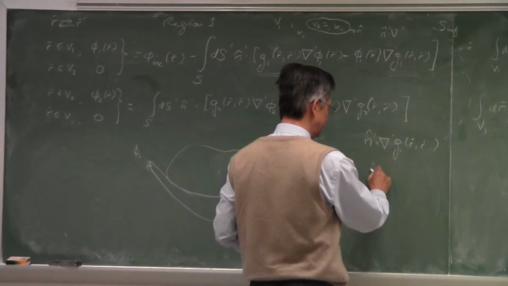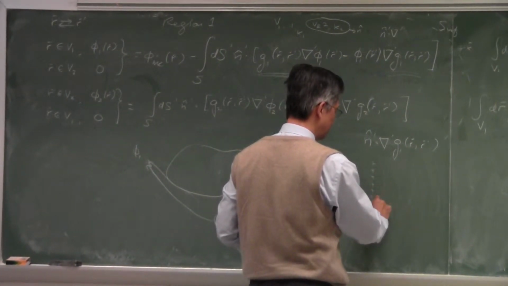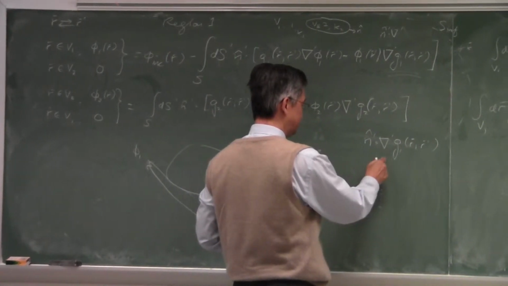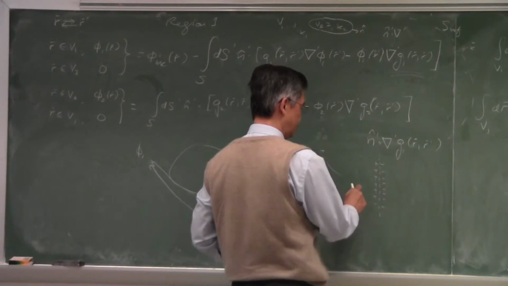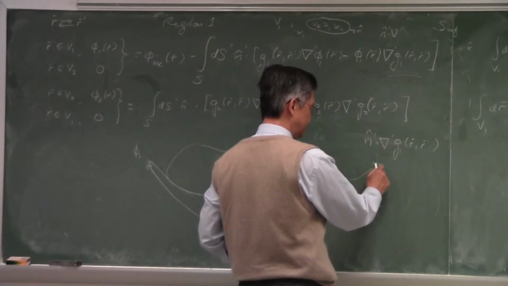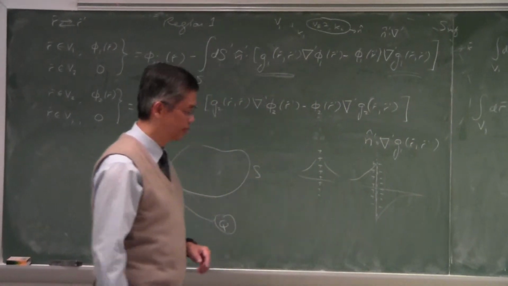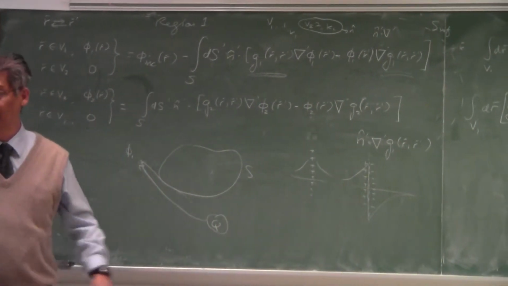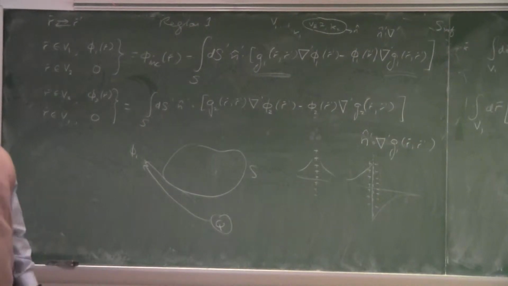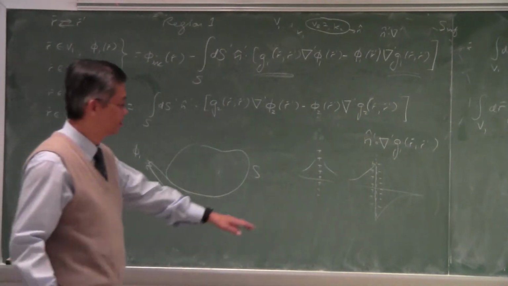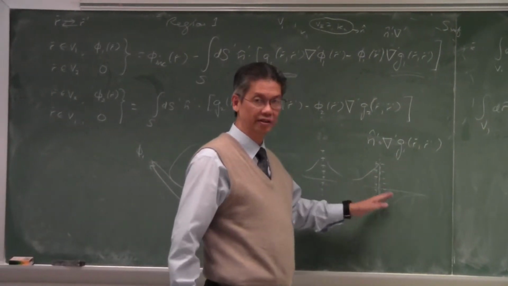But if you have a dipole layer, the potential must be 0 right here. Okay? So the potential goes like this, goes to 0, goes like that. This is the sketch of potential around a dipole layer, a sketch of potential around a monolayer. Okay? So the potential is discontinuous across the dipole layer.